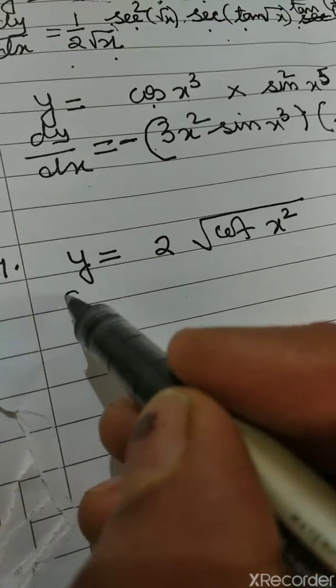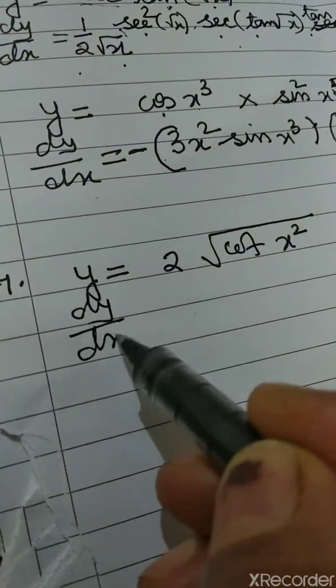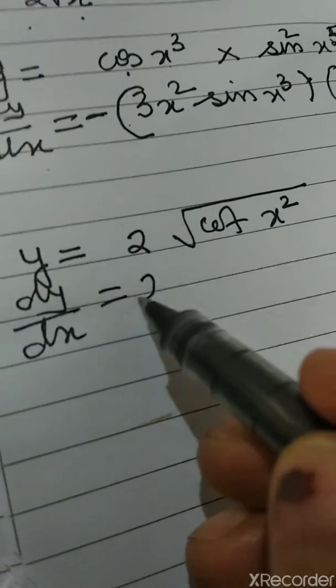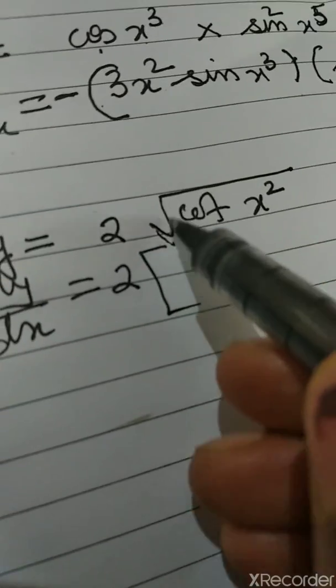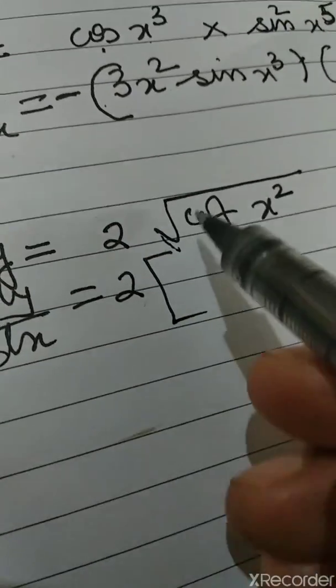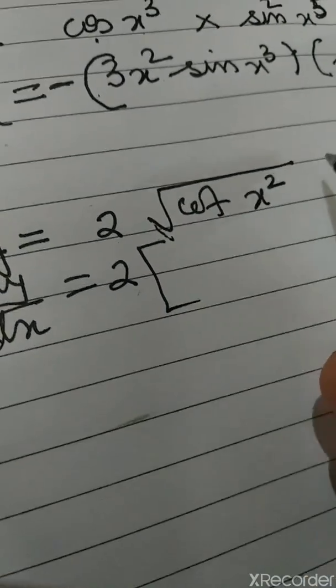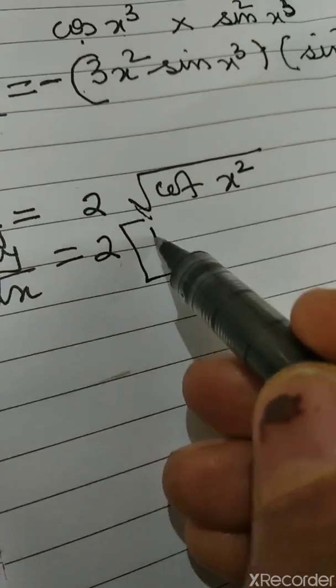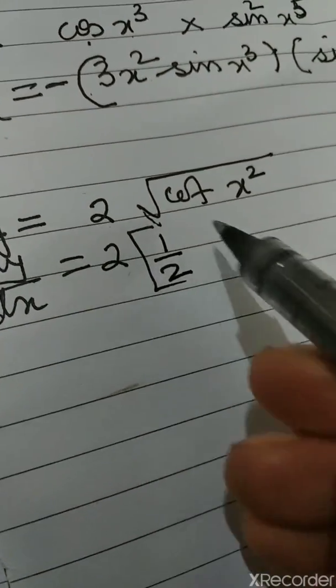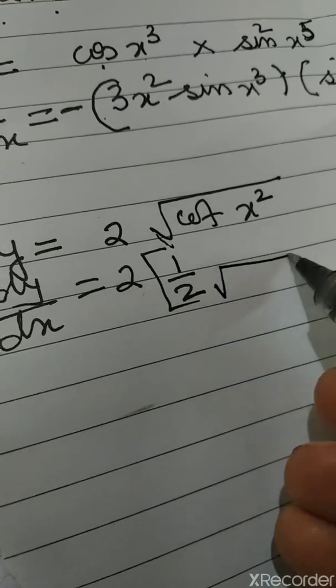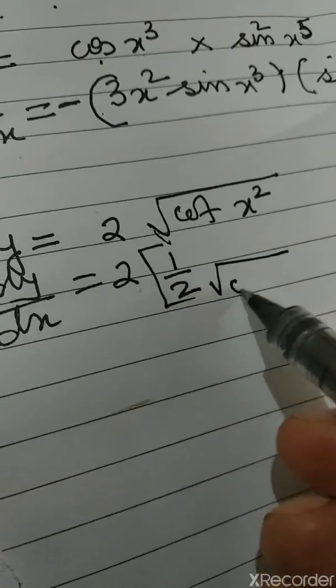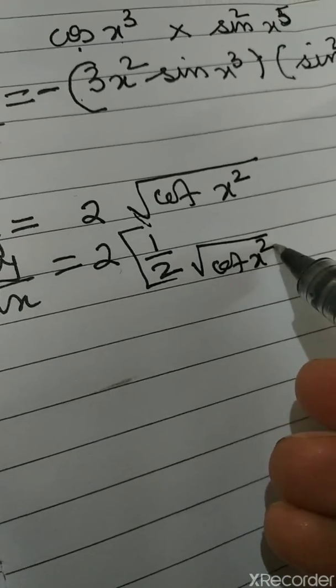To start with the derivative of this function, as I said, 2 is simply attached to it. So we start with the first function that we read, that is under the root. Under the root is nothing but something to the index half. The derivative of something to the index half is half of that quantity to the index half minus 1. So that comes out to be 1 upon under root of the expression, that is cot of x square.